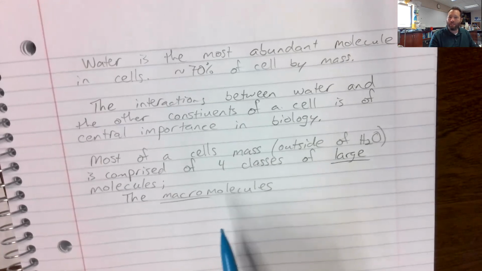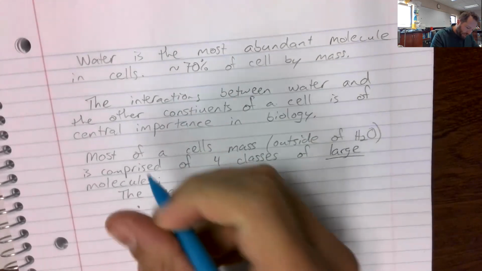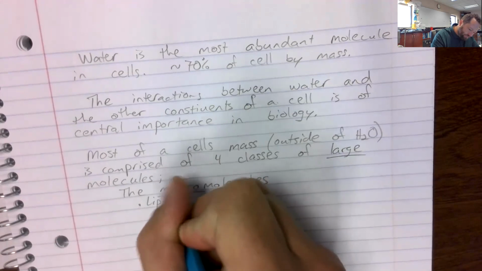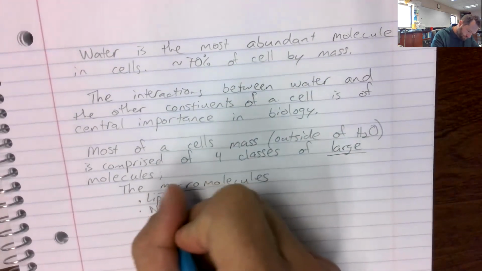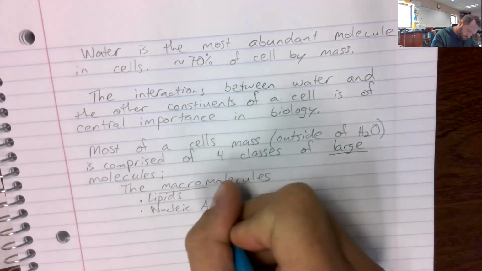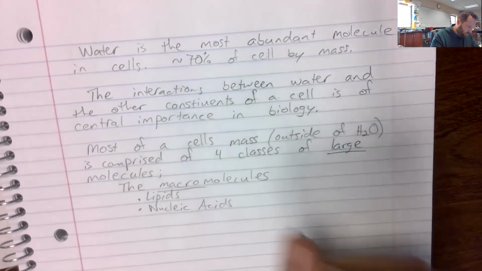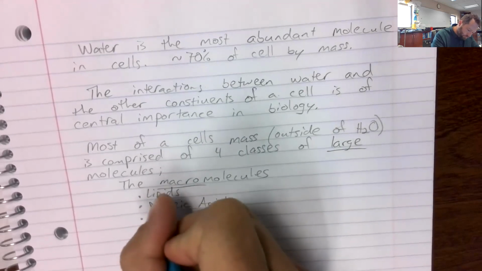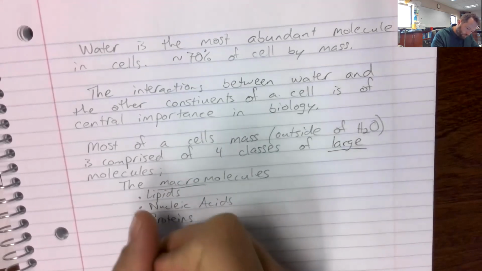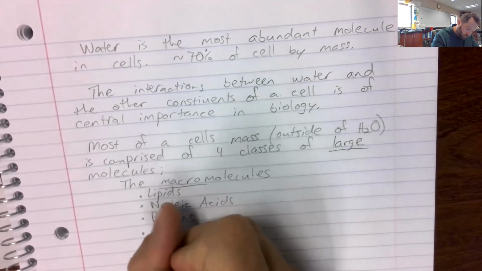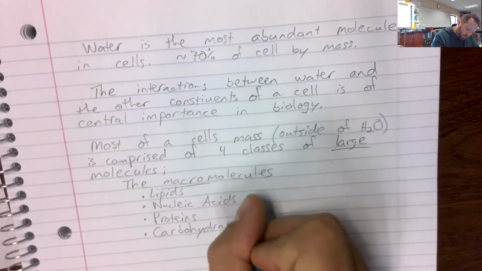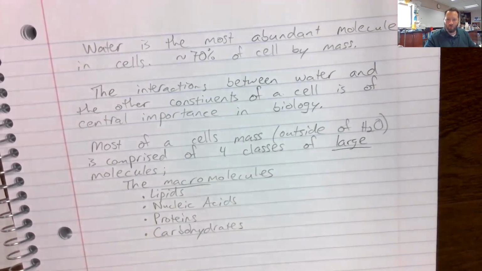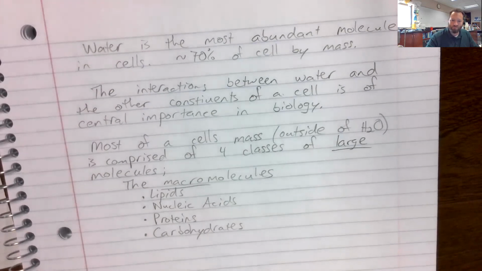So our macromolecules, those 4 classes are lipids, nucleic acids, proteins, and carbohydrates. And honestly, this first semester is going to deal a lot with these 4 macromolecules. They make up most of life.